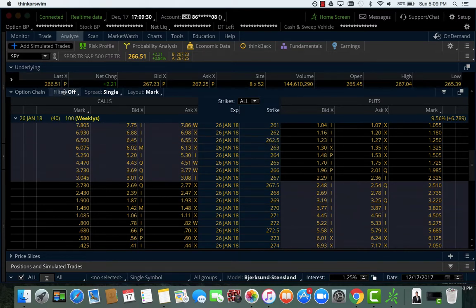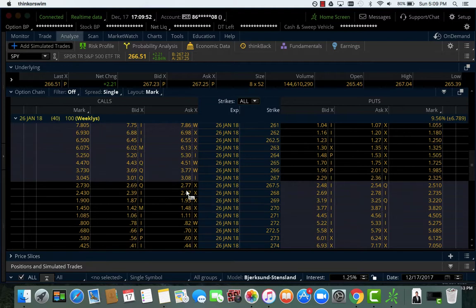The current price of the stock, 266.5. It's clearly below that number. So at expiration, because this 262.5 put is out of the money, it will have a zero value. Thus, we would have realized a maximum profit of $1.25.